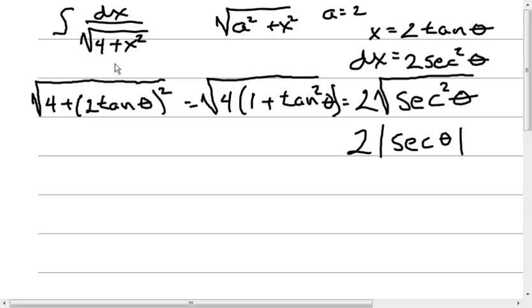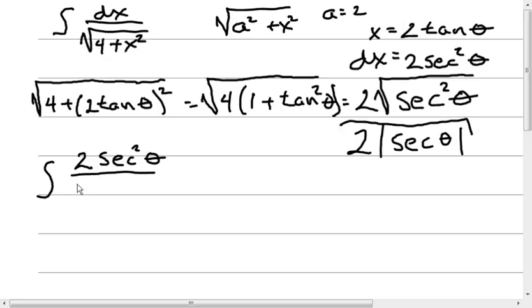So we can now rewrite this whole term. Instead of the above, the numerator is dx, and dx is 2 secant squared theta. The denominator we've just solved for, here it is right here, 2 secant theta.